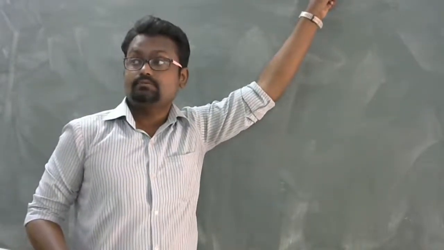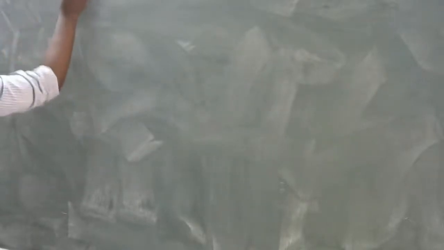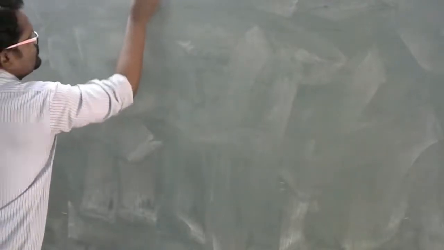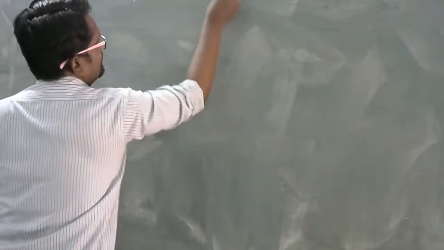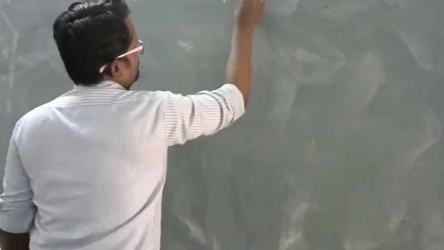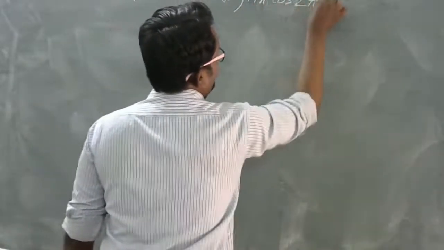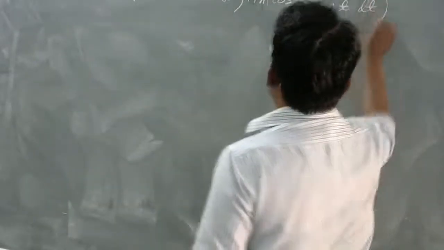First, here we have to put the value of m(t). What is the value of the message signal m(t)? Am cos 2 pi fm t. Now put the value of m(t) here. So what we will get? We will get s(t) equals Ac cos(2 pi fc t plus 2 pi kf integration of Am cos 2 pi fm t dt).